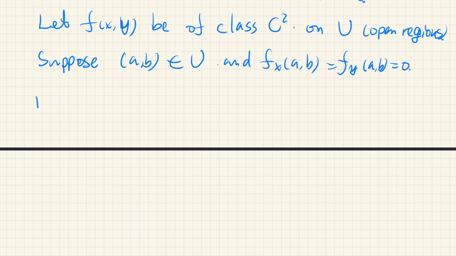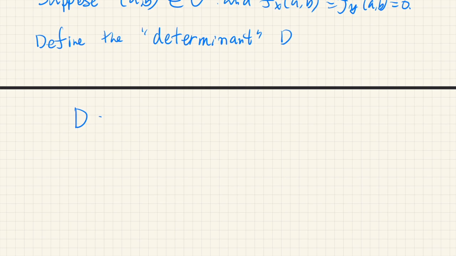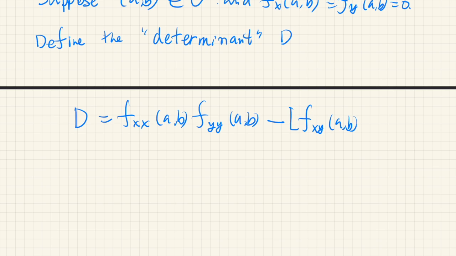And let's define the determinant D by the following: the second derivative fxx(a, b) times fyy(a, b) minus fxy(a, b) squared.